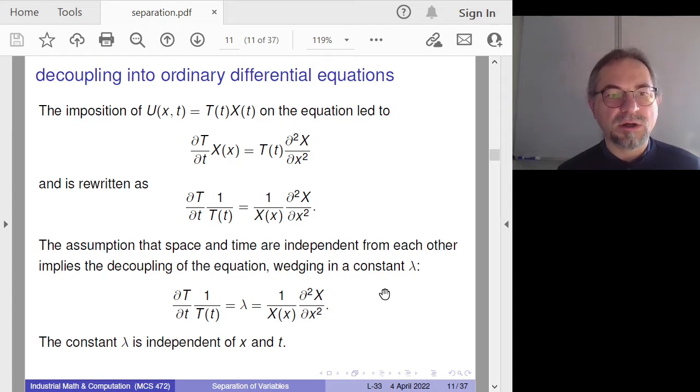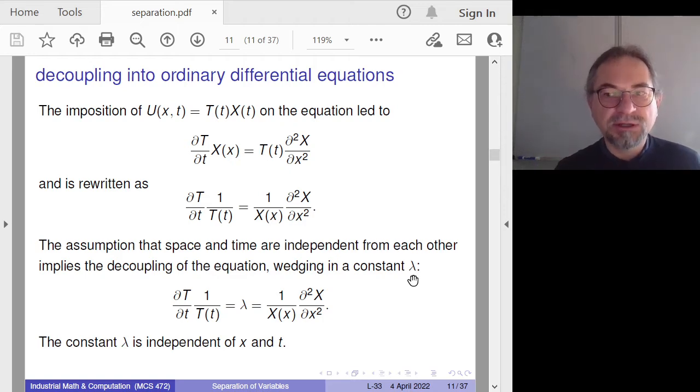But if you really believe the assumption that time and space are independent from each other, you can actually drive a wedge between the two equations. So we can wedge in something that is independent of both space and time. We started out with a function in two variables, the u, and now we actually say something.